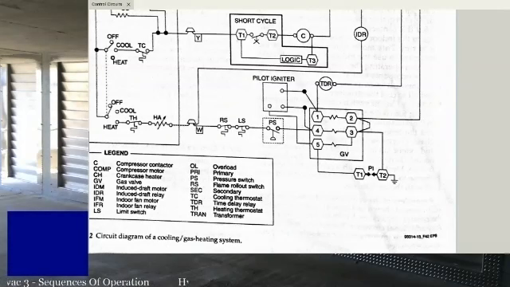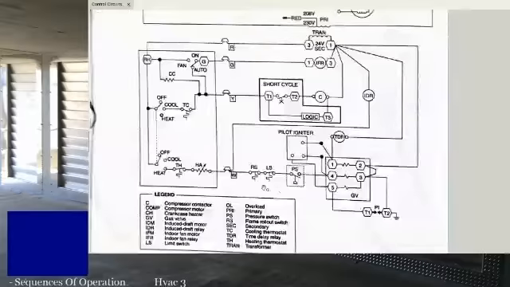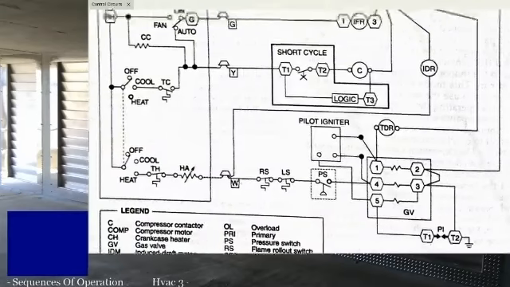You probably won't run into them too much, but it's nice to read about them at least once. So you should read all those sequences of operation again and try and follow where the wiring diagram goes on the other one. For instance, with this heating circuit, you have W here, all right?